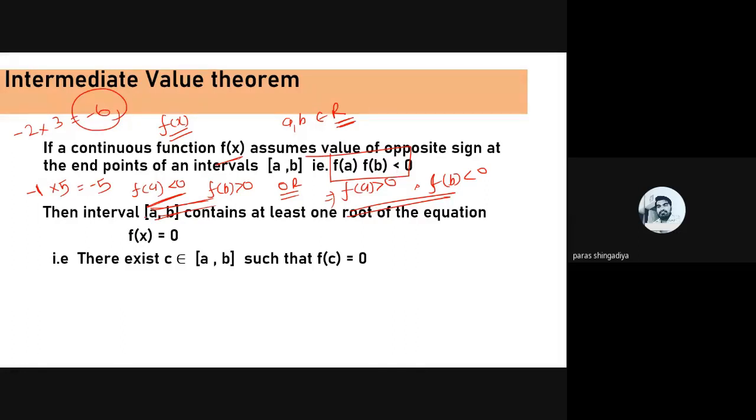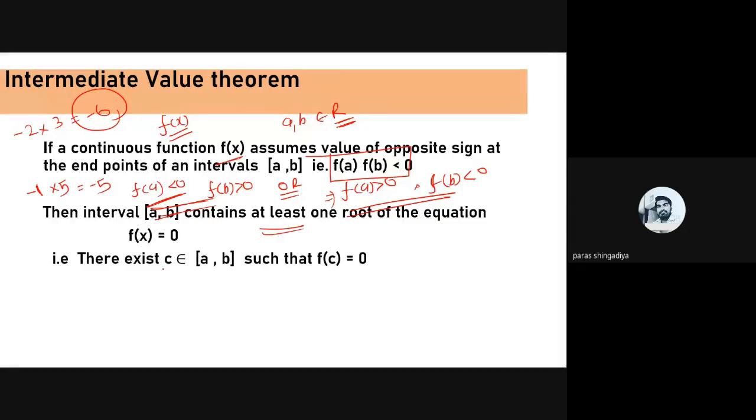Now we have this interval a and b where f of a is negative and f of b is positive, and it contains at least one root. By using the IVT theorem, the intermediate value theorem, you can say that in the interval a and b there exists one root such that f of x becomes 0.